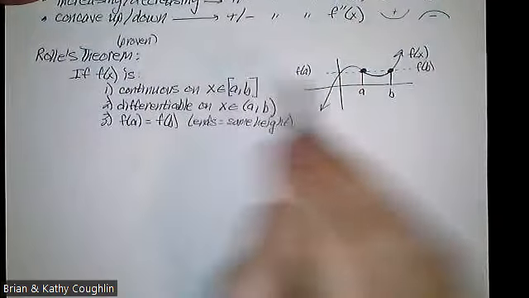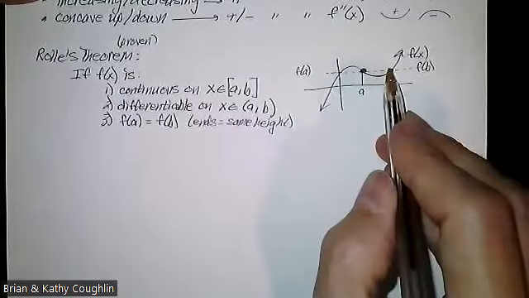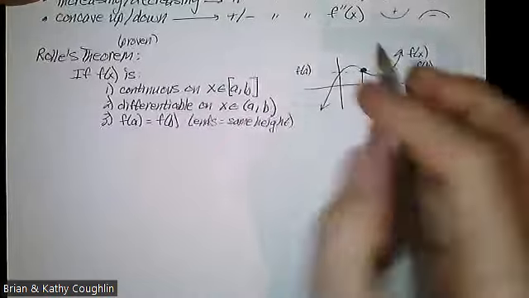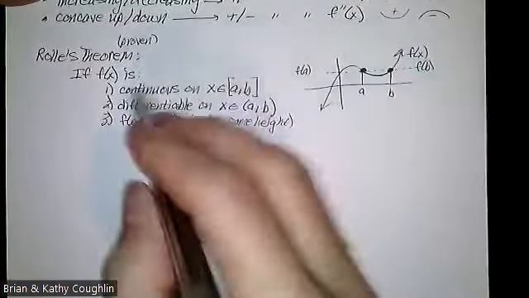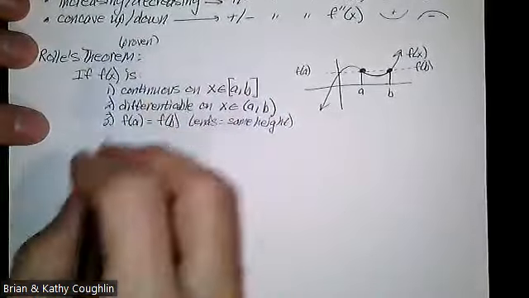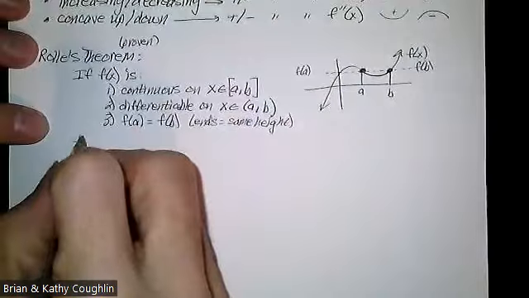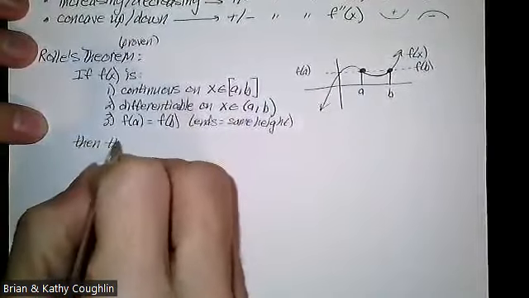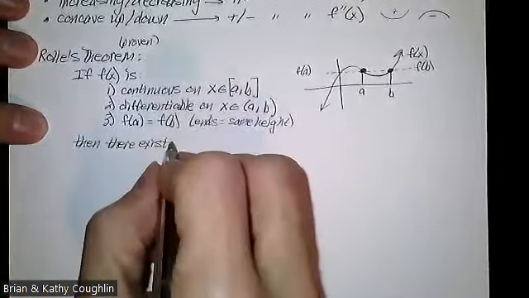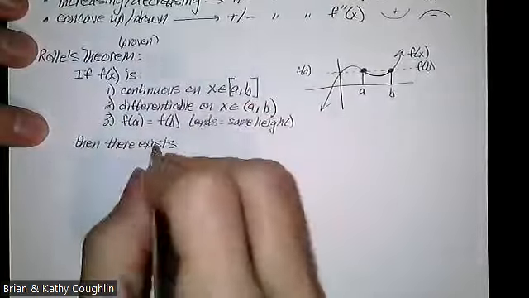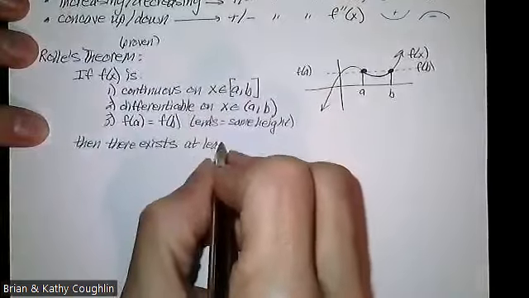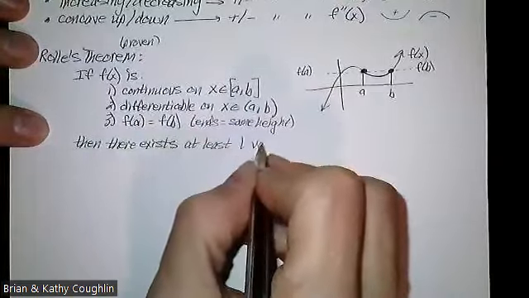So 3 conditions. This interval has to be continuous from end to end, differentiable, meaning the derivative exists inside that interval, and the two endpoints have to be the same height. If all 3 things are true, then Rolle, who lived hundreds of years ago, discovered that there must exist, or there exists, at least one value of x.